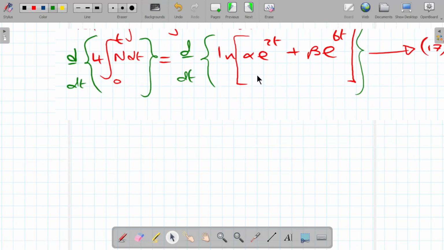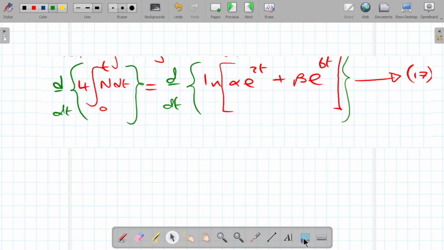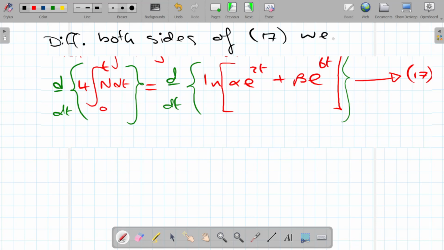So we're differentiating both sides of 17, and you've seen it there already.